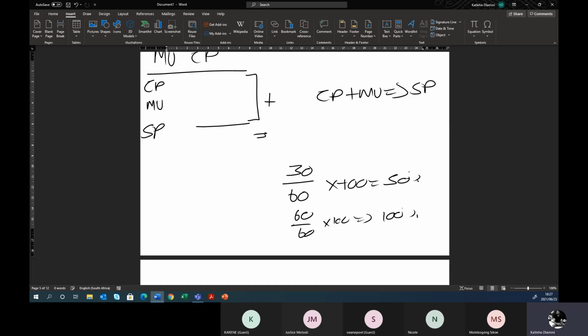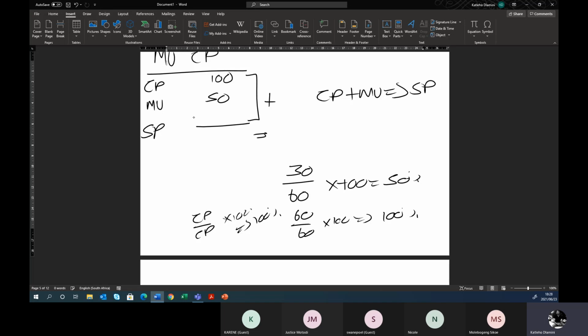So now what I'm saying is the markup is based on cost price. So your cost price has to be 100%, because cost price over cost price is 100%. If your markup is based on selling price, your selling price will then be 100% in this equation. Your markup was 50%, right?